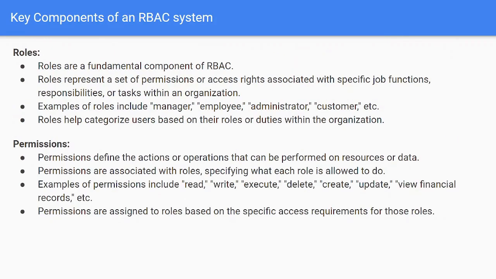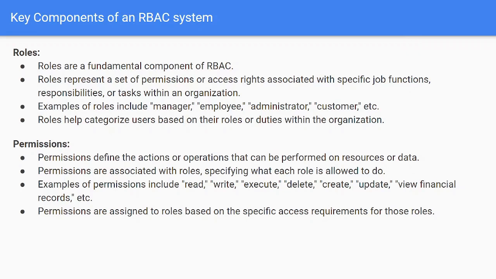So the next part is the key components of role-based access control. Number one is roles. Roles are a fundamental component of role-based access control, from the name. It's like the fundamental of it. A role represents a set of permissions or access rights associated with a specific job function, responsibility, or task within an organization.